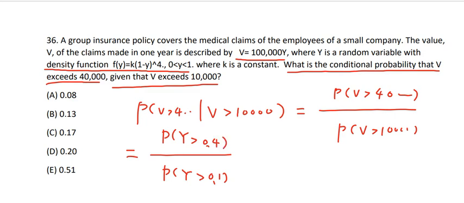Since this K cancelled, we just need to find the integration of Y. We want to find the integration for Y larger than a, and we forget this K. So this equals the integral of 1 minus y to the 4th dy, with y from a to 1.